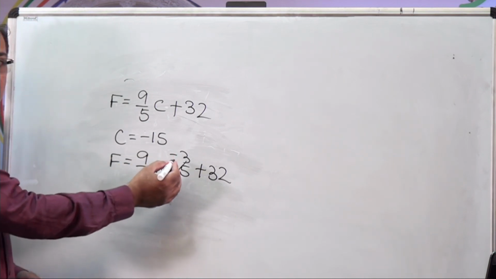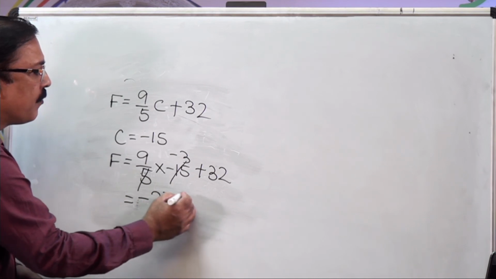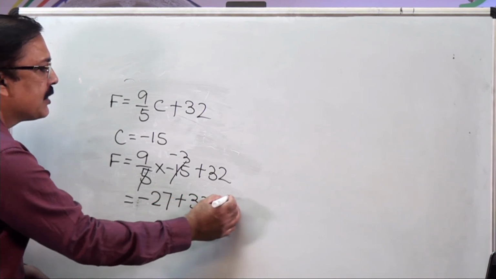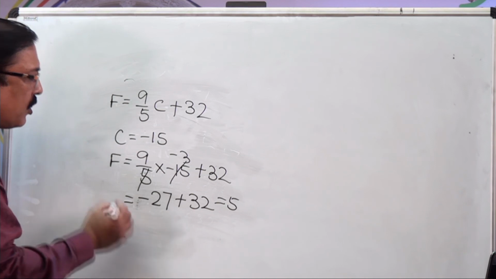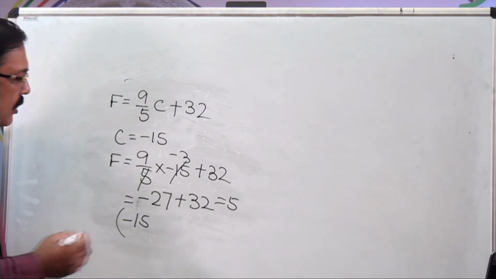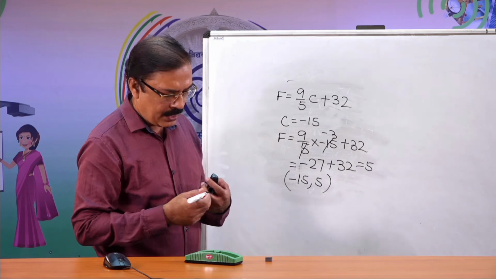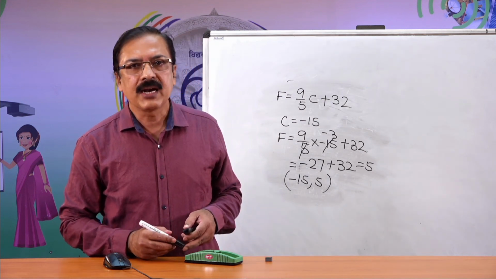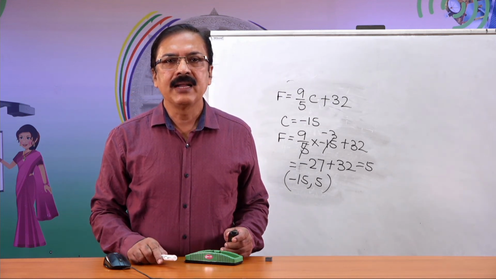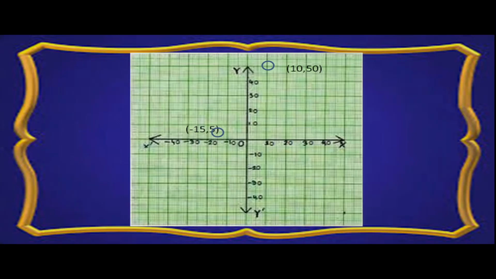So 9 into minus 3 gives minus 27, plus 32 is 5. So the solution to this equation is also (minus 15, 5). To draw a straight line, we need at least 2 points. Here we have 2 points. Now let's join these 2 points and get the straight line.